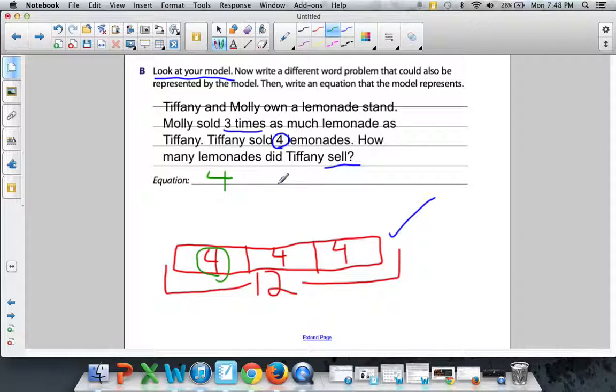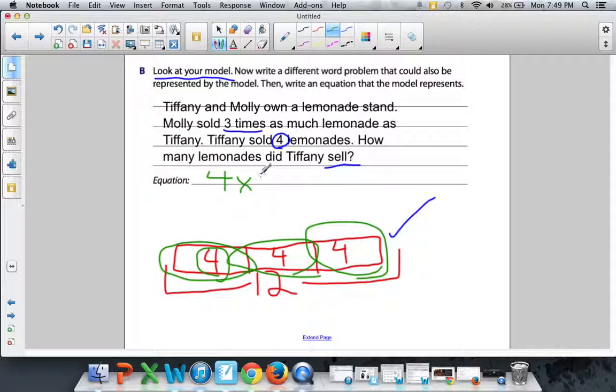The second thing you want to do is put a multiplication symbol there, because it's going to be a multiplication problem. And then you want to think about how many times this bar got split into little pieces. So we have 1 piece, 2 pieces, and then 3 pieces.